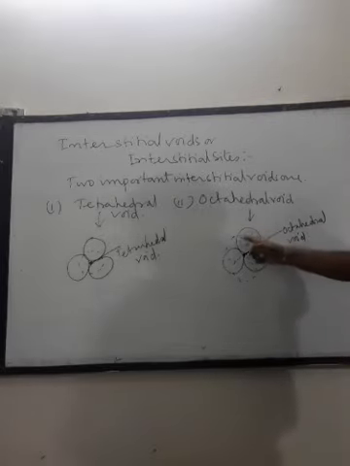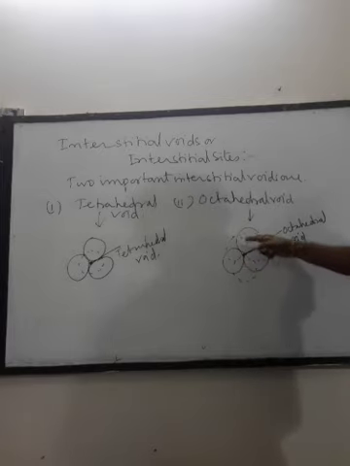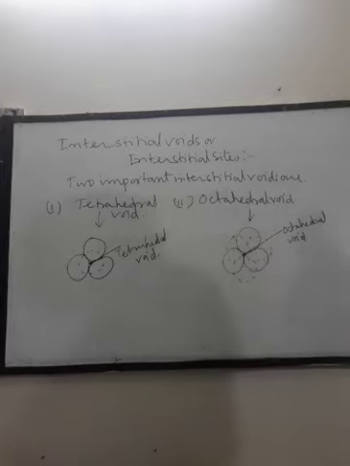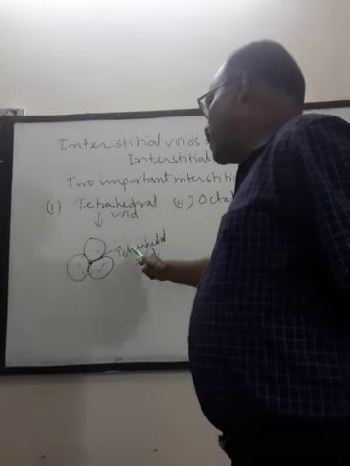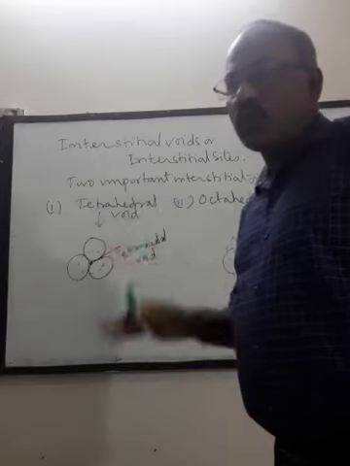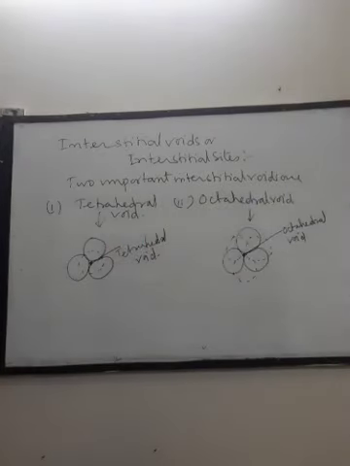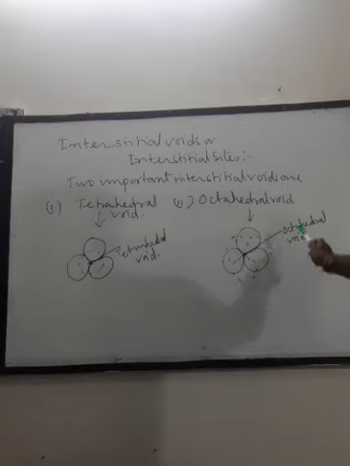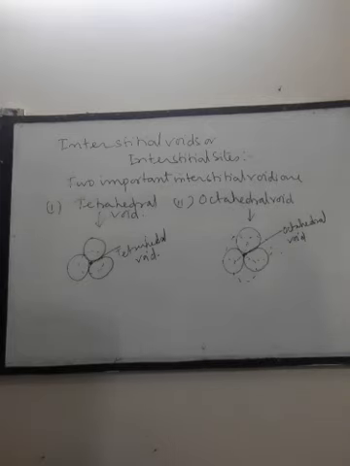Here 6 spheres: 1, 2, 3, and above, the dotted line represents another 3. So altogether 6. Actually the void itself is not tetrahedral, but the arrangement around it is tetrahedral. Similarly, the void is not octahedral, but the arrangement around it is octahedral.